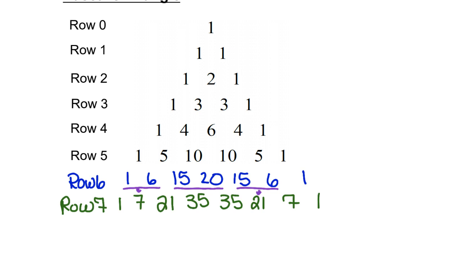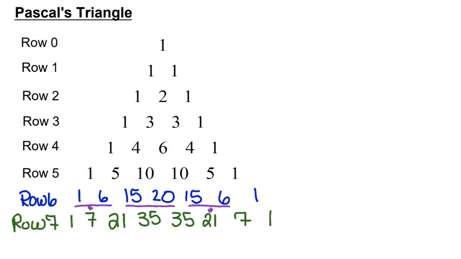There is also a way to identify the numbers of the rows without looking at the previous ones, but we'll get into that in a minute. The reason why I want to talk about Pascal's triangle today is something happens if we're trying to expand a binomial.